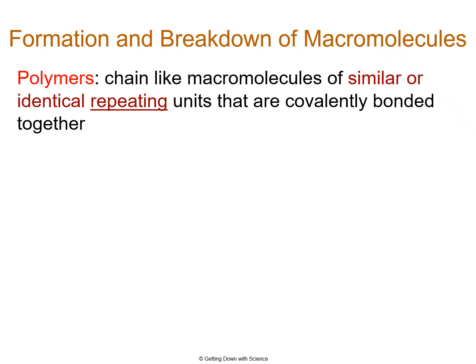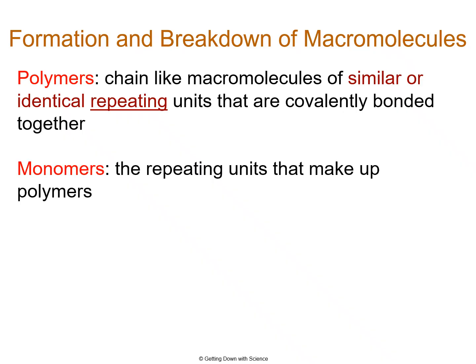Polymers are chain-like macromolecules of similar or identical repeating units that are covalently bound together. Monomers are the repeating units that make up polymers. So one unit is a monomer, multiple units is a polymer.